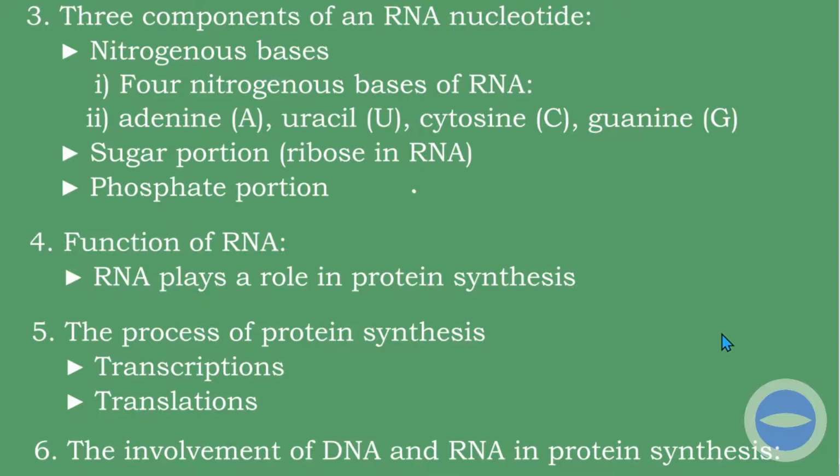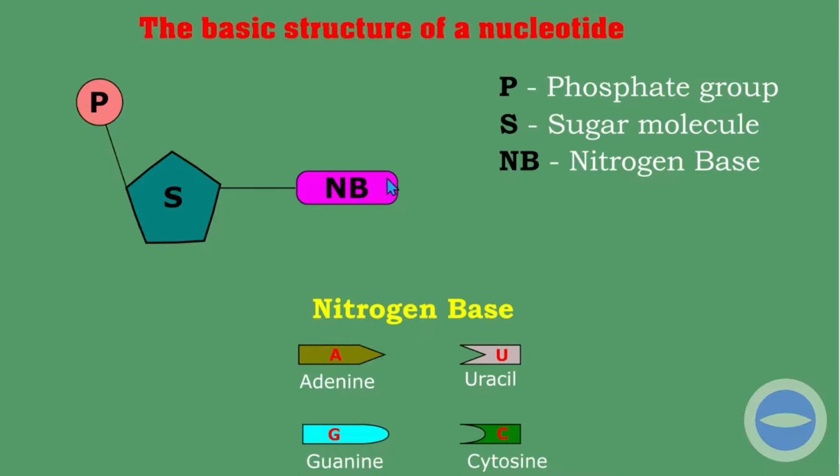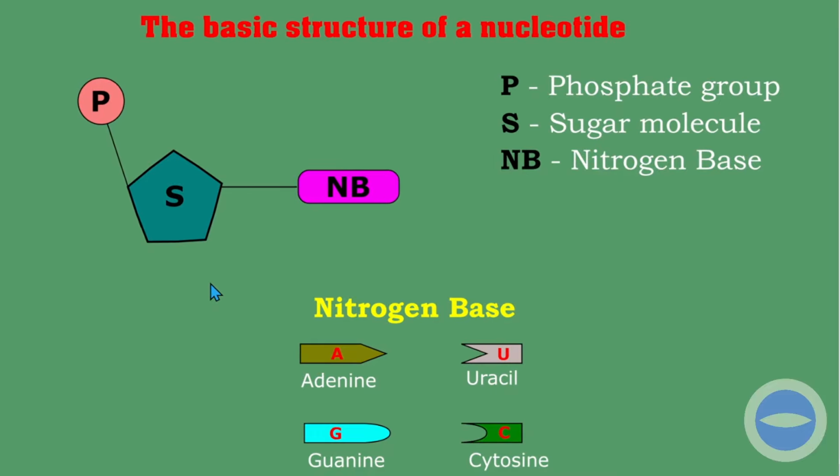So I can show you here that the RNA nucleotide contains a phosphate group, a sugar molecule, which is ribose, and then a nitrogenous base. The nitrogenous bases of an RNA are adenine, uracil, guanine, and cytosine. So we don't have a thymine here.